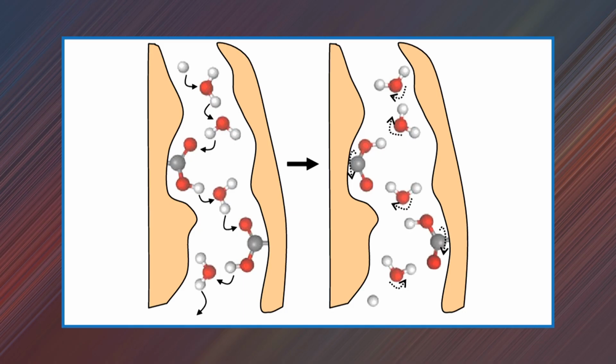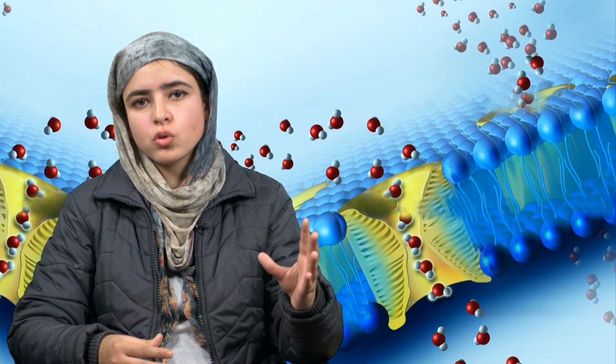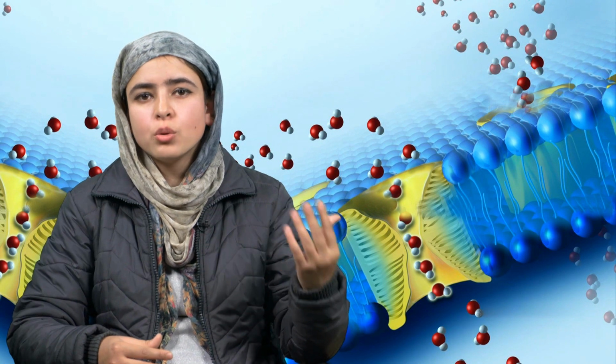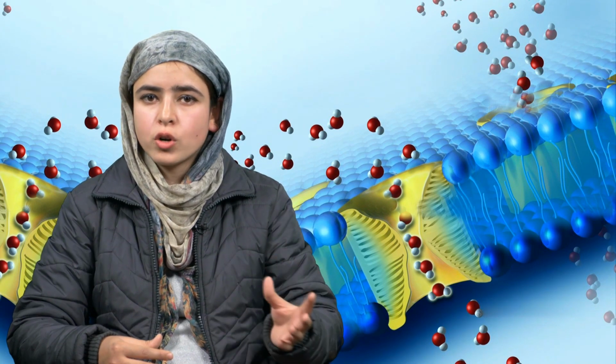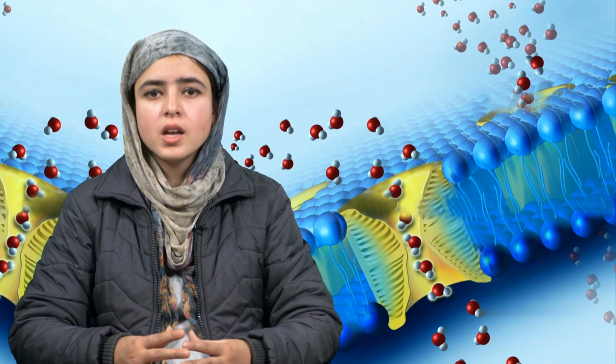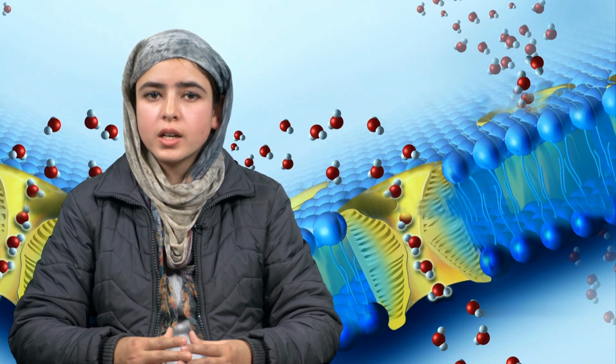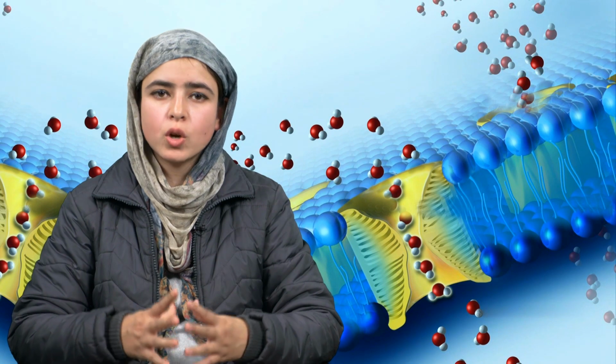Grotthuss mechanism, also known as proton jumping, is the process by which an excess proton diffuses through the hydrogen bond network of water molecules or other hydrogen bonded liquids through the formation and concomitant cleavage of covalent bonds involving neighboring molecules.